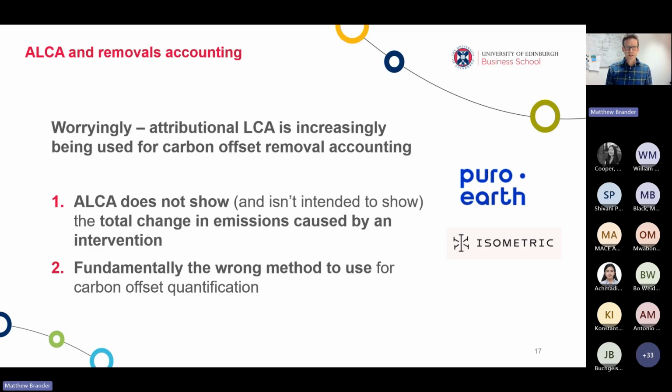And that's problematic because attributional LCA doesn't show, and nor is it really intended to show, the total change in emissions caused by an intervention. So it's just fundamentally not the right method to use for carbon offset quantification, where the purpose is to quantify total change.